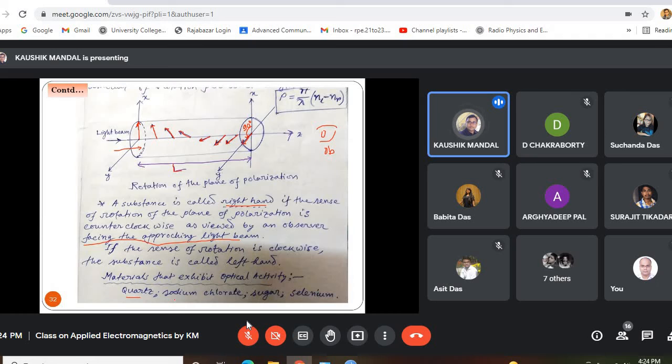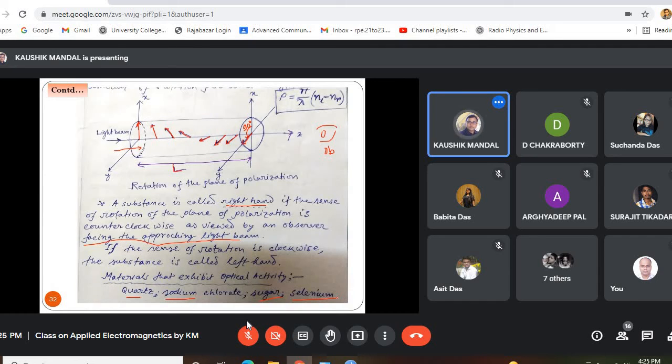Optically active materials means the materials through which if light or electromagnetic wave passes, there will be rotation of the plane of polarization. Then only you can say the corresponding materials are optically active materials. The best examples of optically active materials are quartz, sodium, sugar, and selenium.